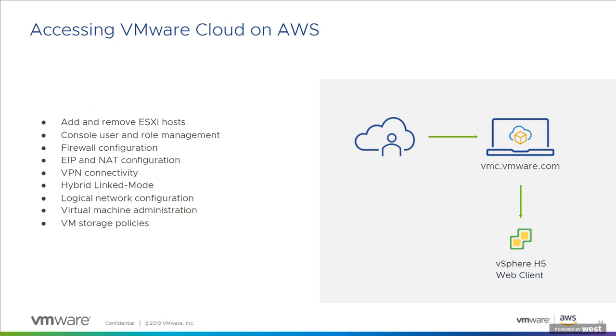Things like virtual machine administration as well, should you wish to add more CPU or more memory resources to some of your workloads. And then finally, all of the VM storage profiles as well, so specifying what level of redundancy you want to apply from a storage perspective to the workloads that are running inside VMC.